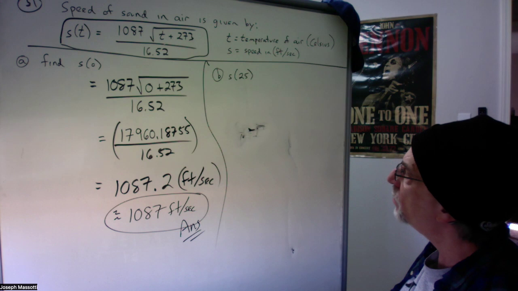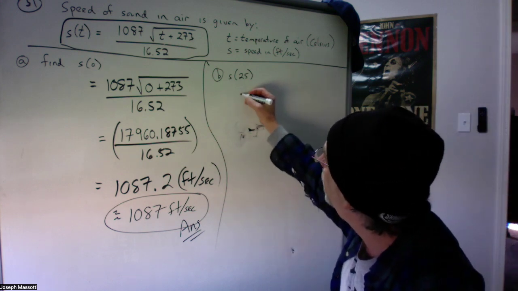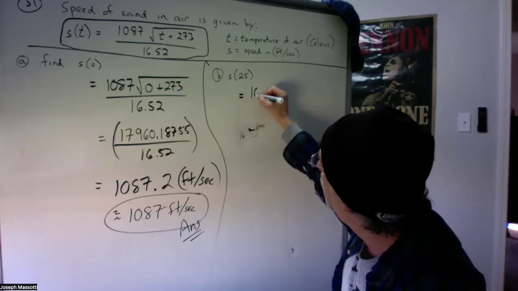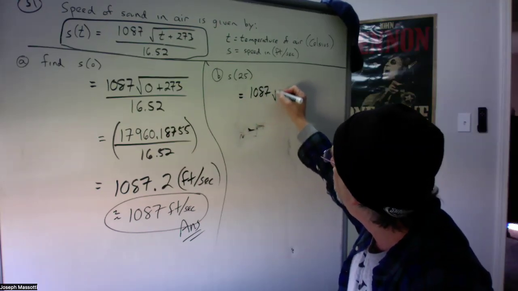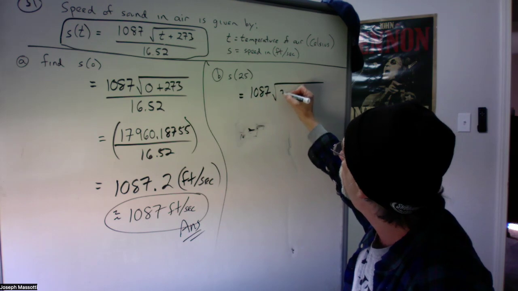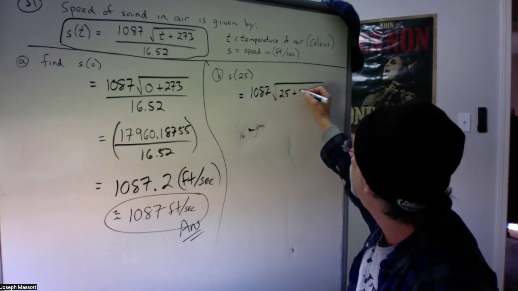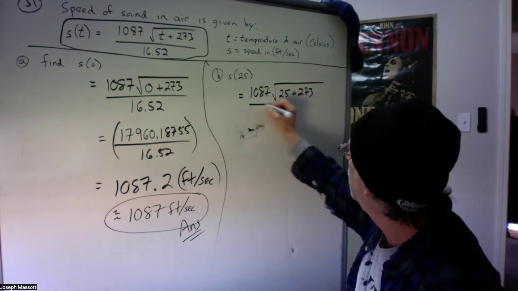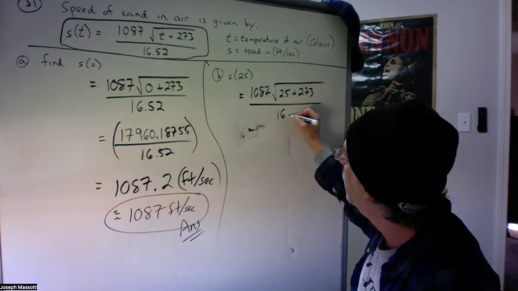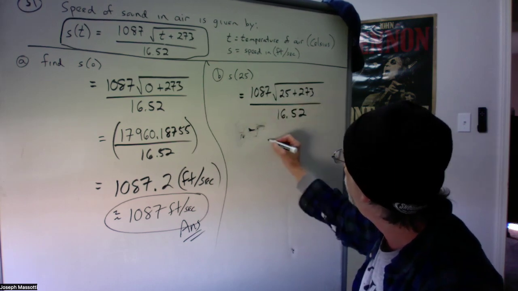25 degrees Celsius is probably 80, 90 degrees, something like that. So we plug that value into the function, 1087 square root of 25 plus 273, and we divide that by 16.52.